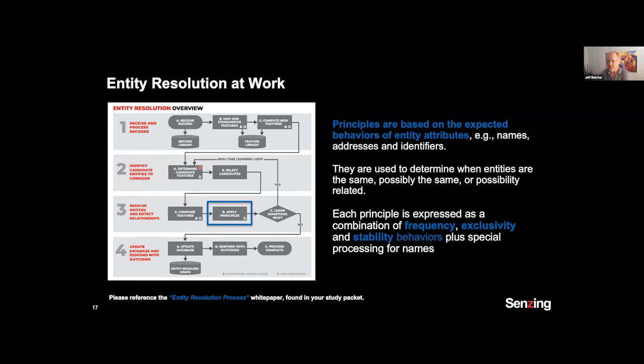There's another potential thing that happens in that real-time learning loop. We may find that we've introduced a discrepancy. Let's say instead of learning a new phone number, we learn a new date of birth, same name, same address, but the date of birth is different than our entity. It would resolve, except there's a different date of birth.